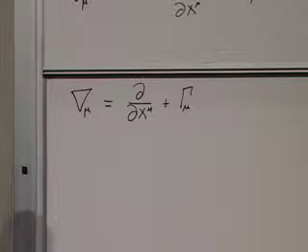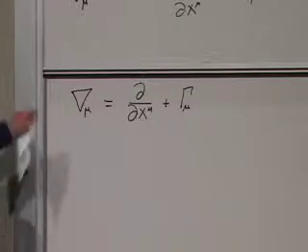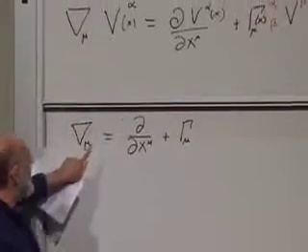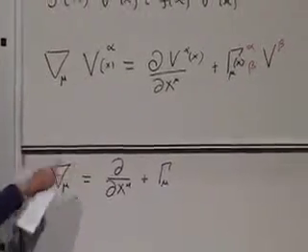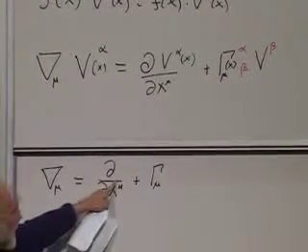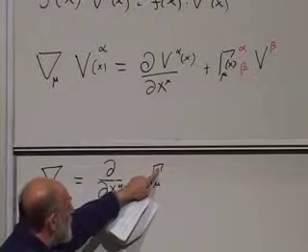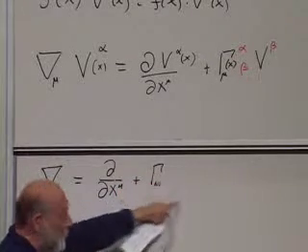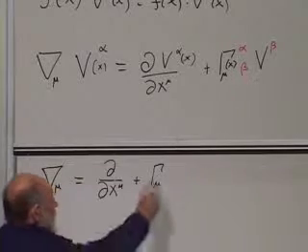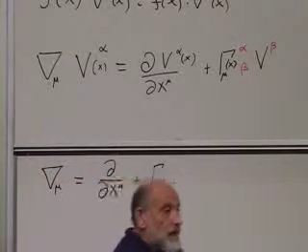What does that mean? What it means is exactly what I wrote up here. When it applies to a vector, you differentiate the vector, and then you add to it the matrix gamma mu applied to the vector. This gamma mu here is a set of 4 matrices.